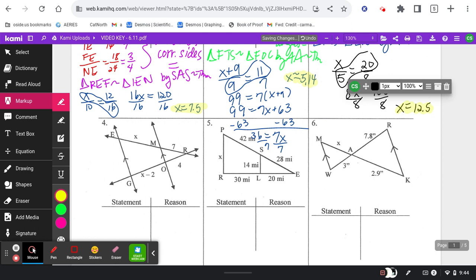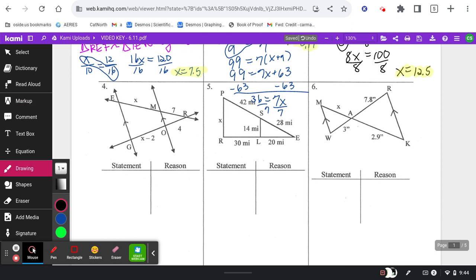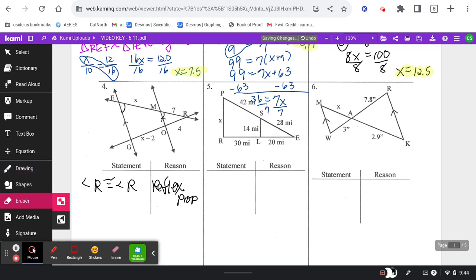All right, we did this number 4 in class. Again, you can use both the correspondings or one reflexive and one corresponding.